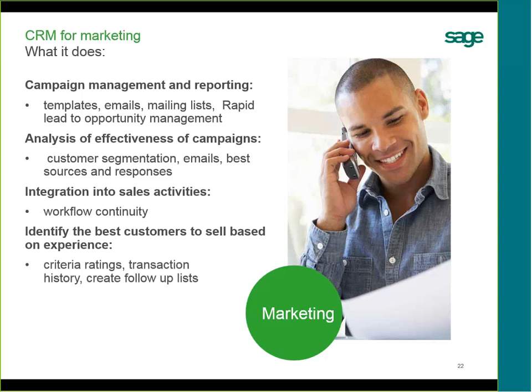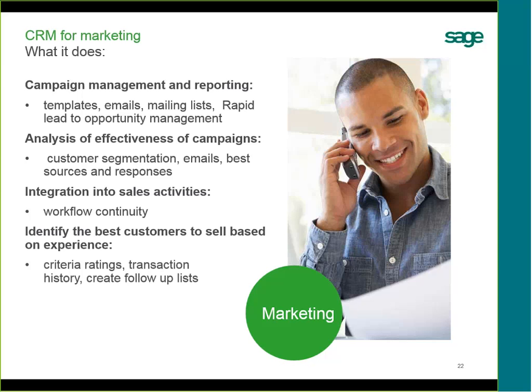Integration with sales activities, so workflow. SageCRM has workflow built into it so that we can look at leads that are generated through marketing. We can see if those are converted into opportunities and those are closed. We can do that all through a workflow and have different triggers so we can keep track of what's going on with the marketing campaign. And then being able to identify the best customers to sell to based on experience.